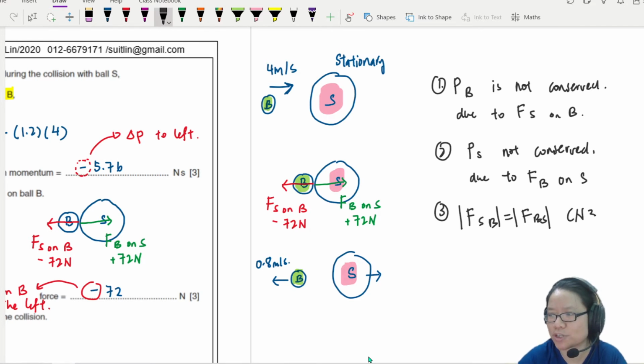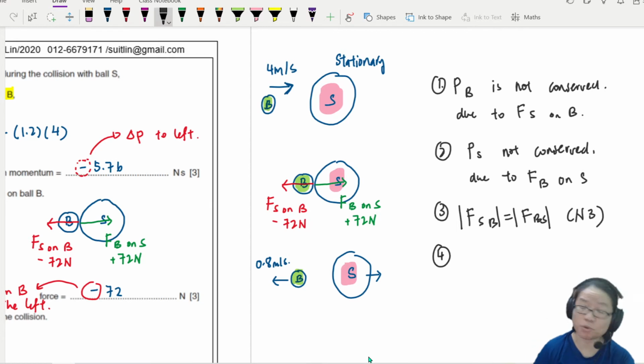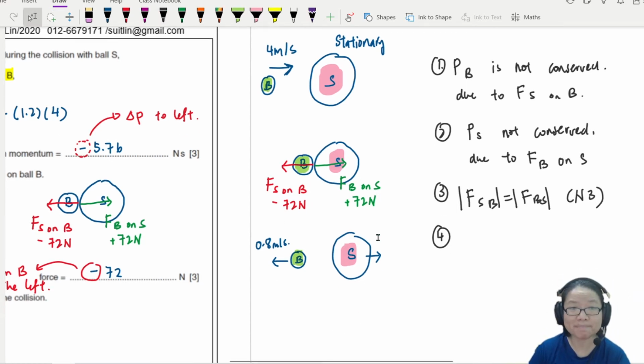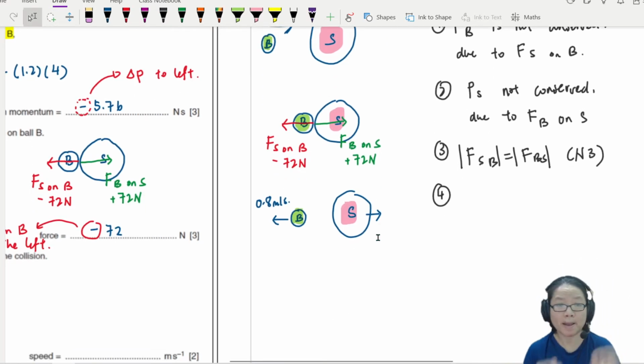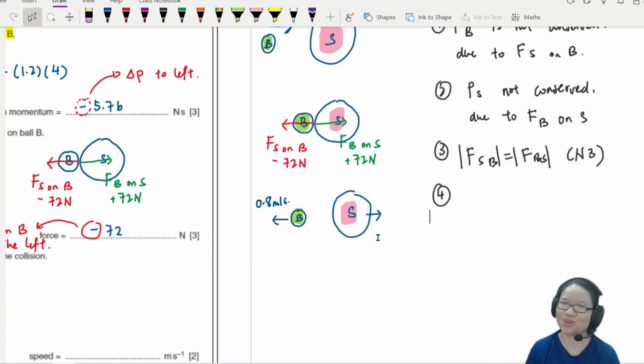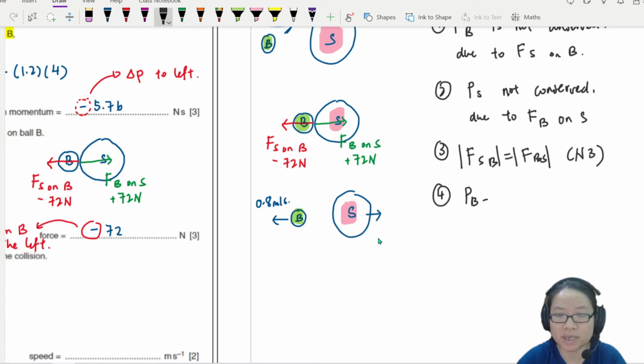This is N3. And finally, if you still want to apply conservation of momentum as we normally would, you can, but you have to take B and S as your whole system. You cannot just take B, cannot just take S, you must take B and S together. So the momentum of B plus momentum of S is always conserved.